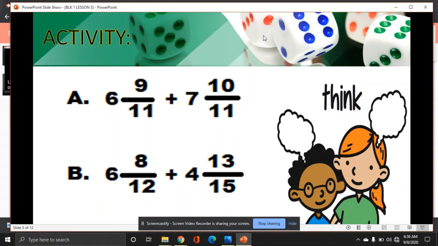So this would be our activity. In letter A, we have 6 and 9 over 11 plus 7 and 10 over 11. In letter B, we have 6 and 8 over 12 plus 4 and 13 over 15.